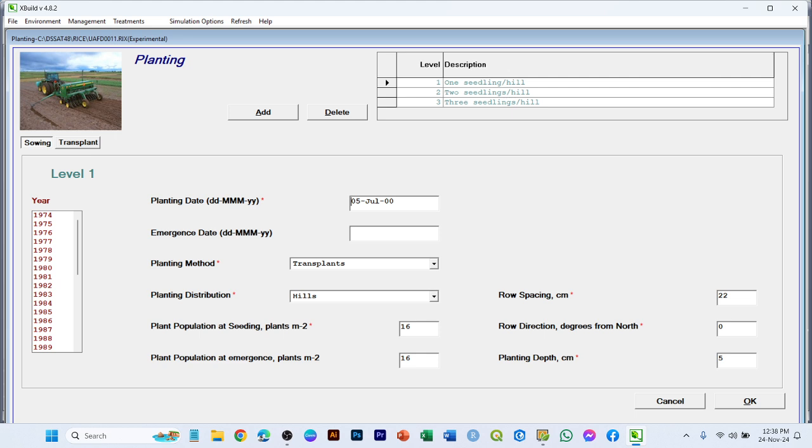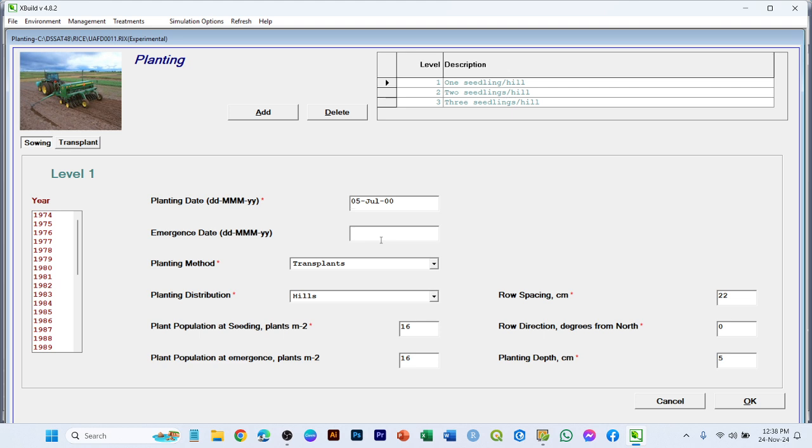I mean, these are the experiments after transplanting. So if you want to increase or decrease the transplanting treatments, you have to put all the information over here. Keep in mind the date of planting and the emergence date.